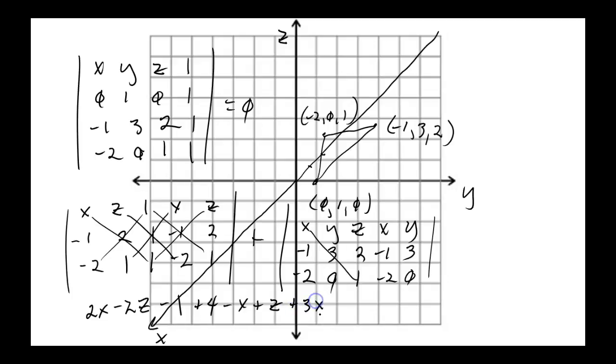Put them together. So that'd be x, minus. I'm going on adding the other. I was just going to put those terms together. We'll do it both ways. x minus z plus 3.